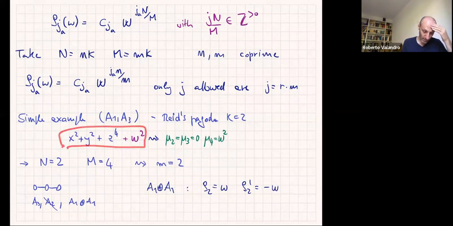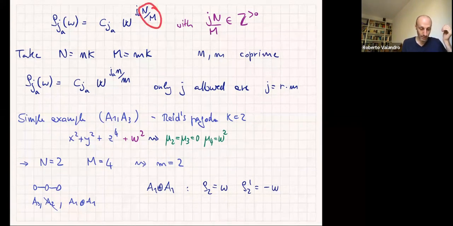From this equation, we see that we have an A3 singularity deformed by this W squared. What is switched on here is the degree 4 coefficient, and that is equal to W squared. So M is equal to 2 and N is equal to 4. Now in this exponent, what is important is the quotient, so we can forget about the greatest common divisor.